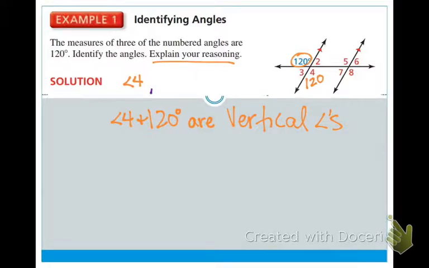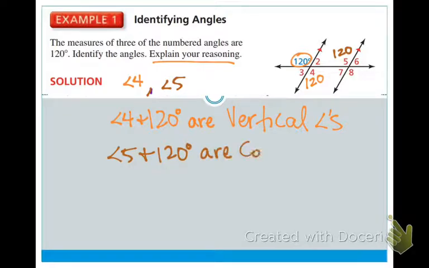Keep on moving. Is there a corresponding angle with 120 degrees? Yes, which one? It's 5. So angle 5 is our next one. Reason being, angle 5 and 120 are corresponding angles. Alternate interior, I'm just going down the list again.